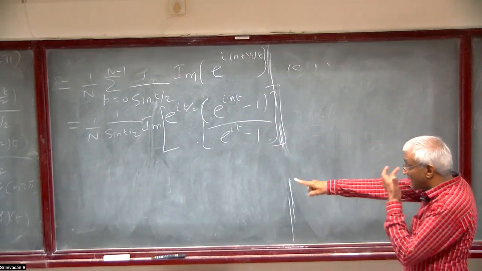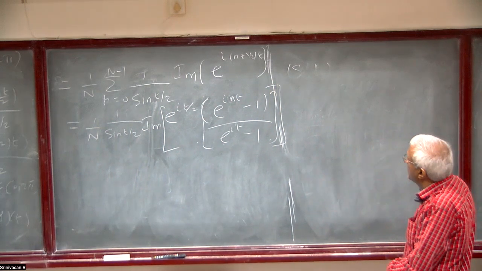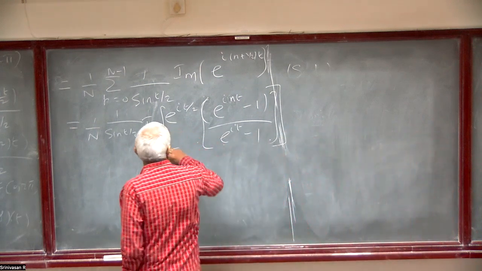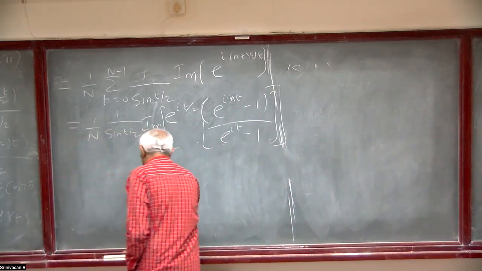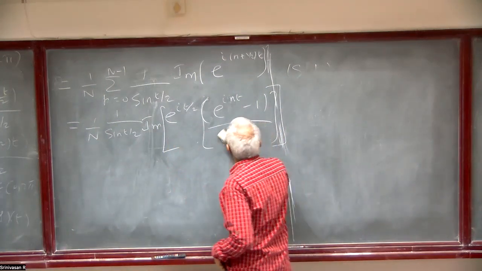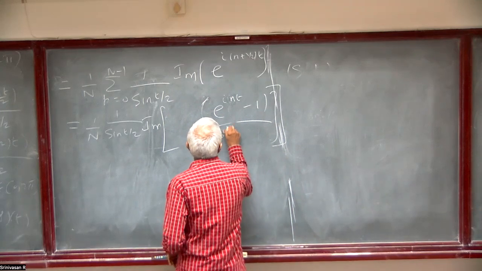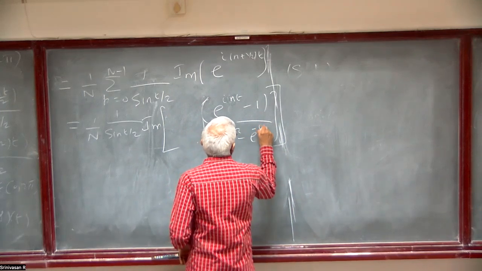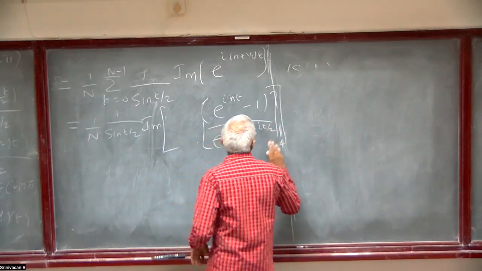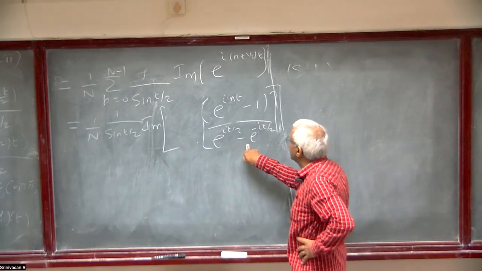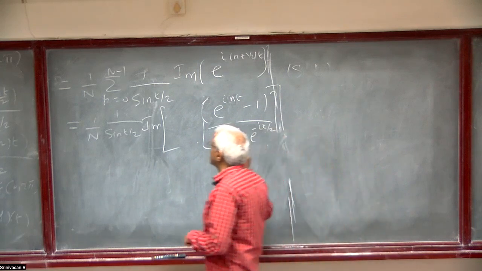So I want to get that, that is my aim. First I take this out. I take e power i t by 2, so e power i t by 2 minus e power minus i t by 2, and this is just 2 times i times sine t by 2.